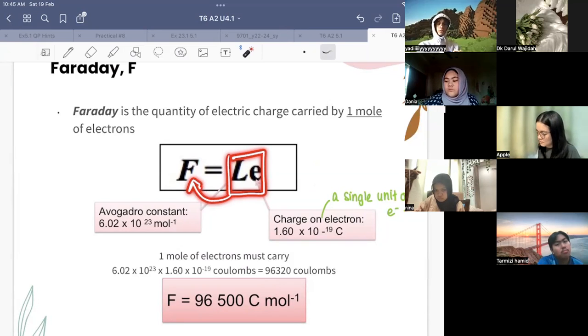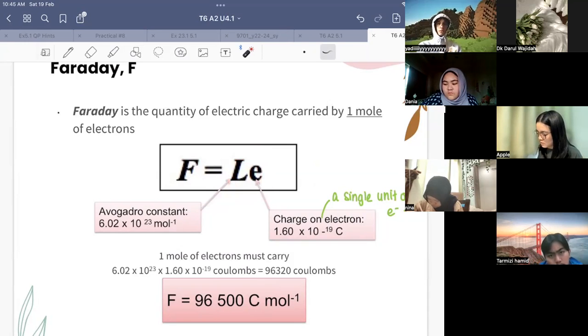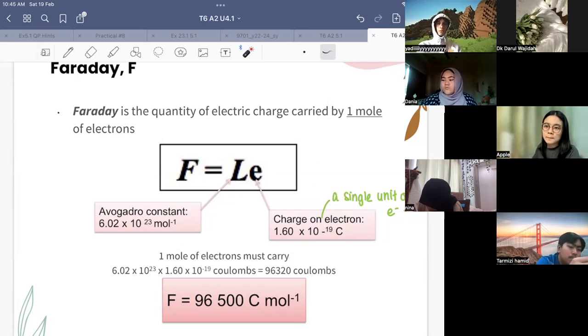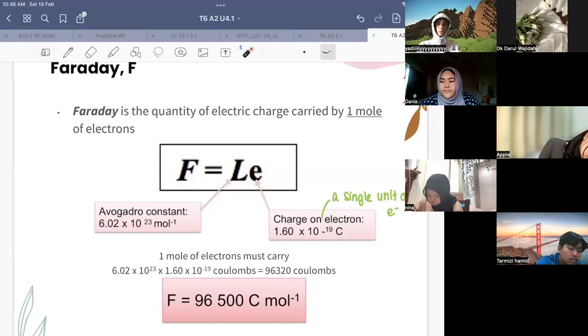So 1 Faraday is just a short form, like a pair of socks, where 1 pair contains 2 pieces, or a dozen of eggs, where a dozen means it contains 12. Here, 1 Faraday means the charge of 1 mole of electrons.